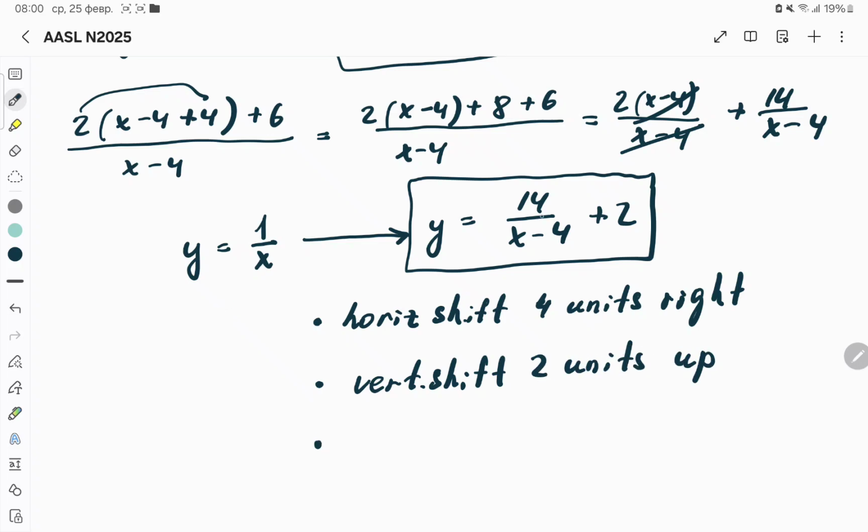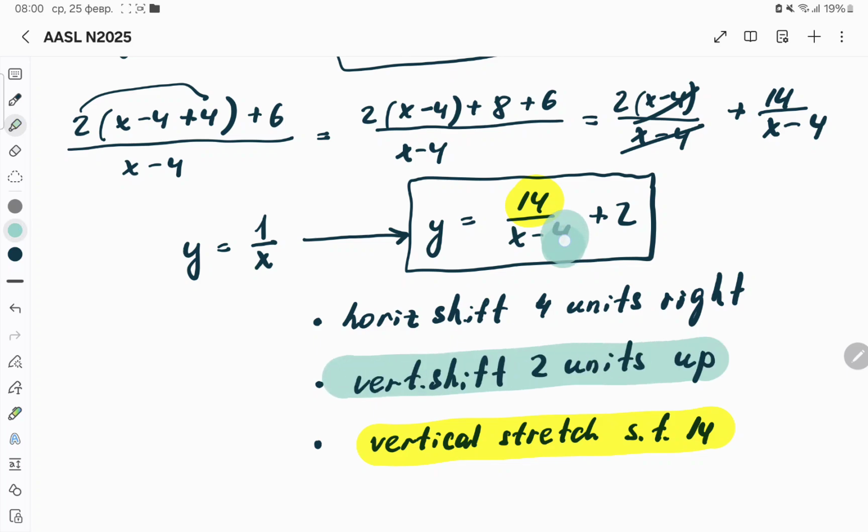And the last transformation, about the 14: it's a vertical stretch, scale factor of 14. So these are the three transformations listed, and these 5 marks are yours now.